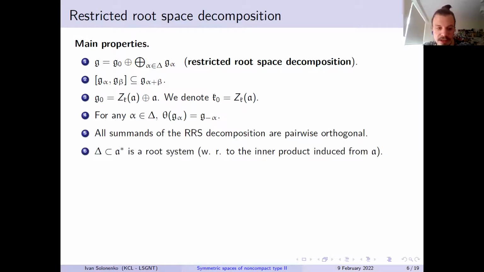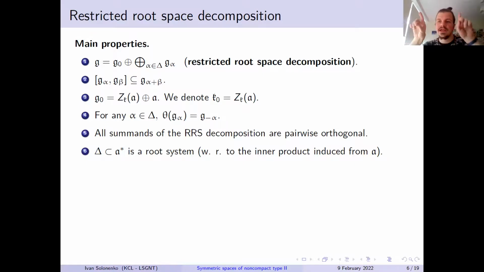And finally, delta is a root system, which means that, let me remind you, it spans A star, that if you take any root, I will always omit the word restricted and just say root if there is no ambiguity, and take the reflection of A star in the orthogonal complement to this root, this map will preserve the root system.